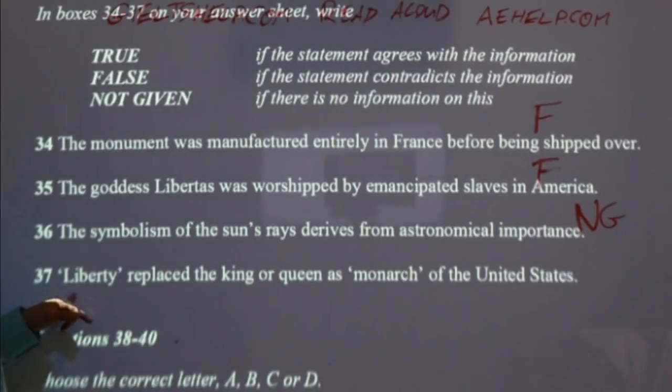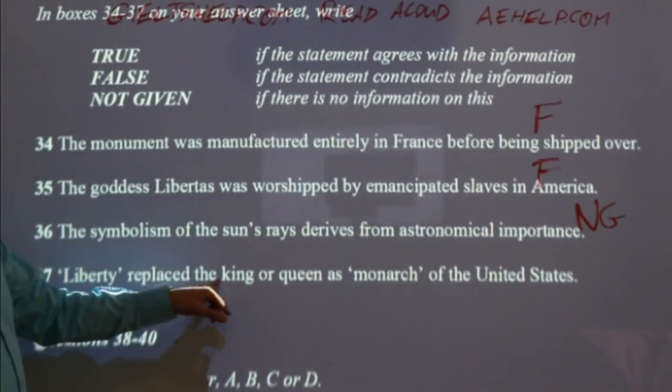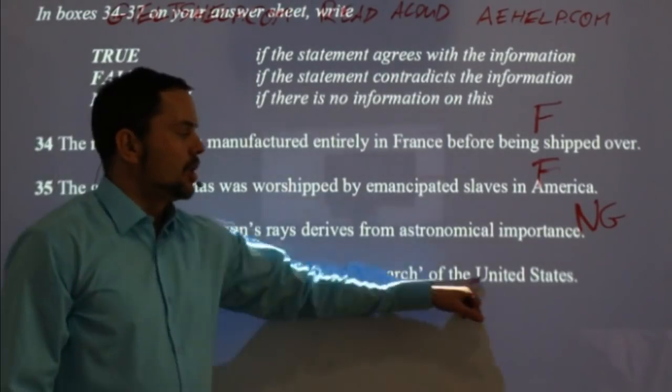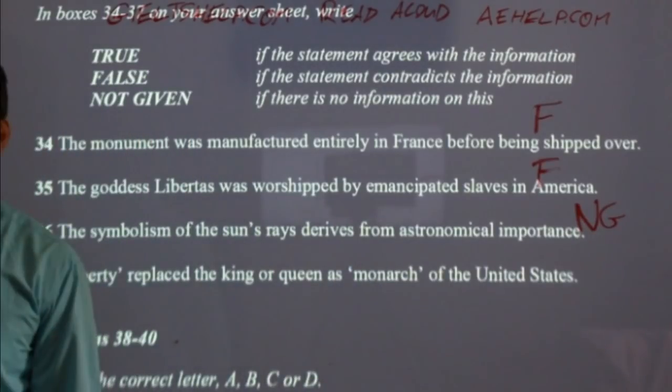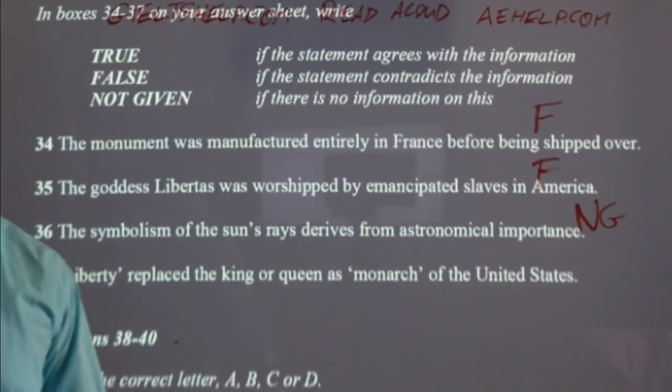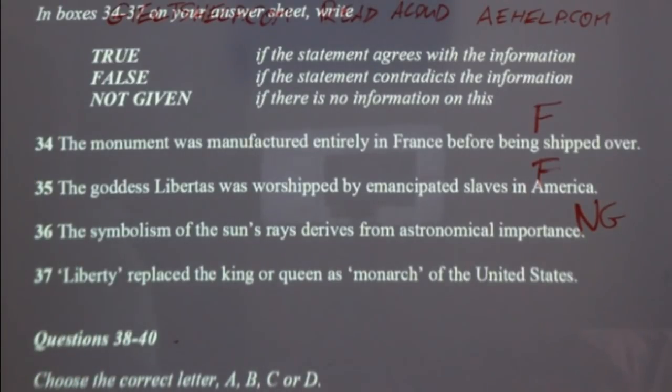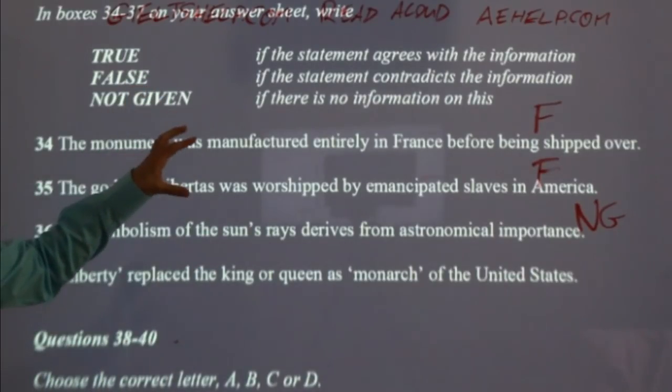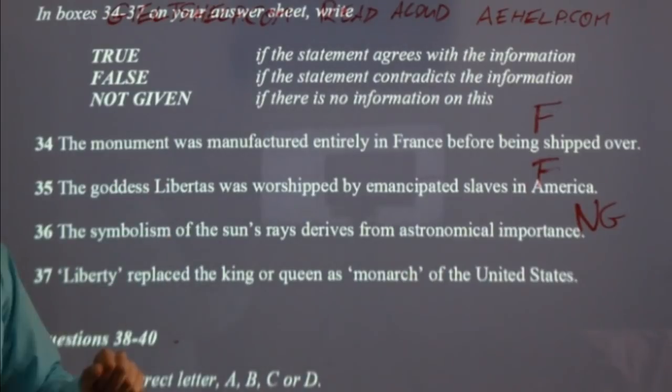37. Liberty replaced the king or queen as monarch of the United States. Is it important to know the place of liberty in the American system to understand this passage? Is it important to know the place of kings and queens and liberty for these symbolisms?